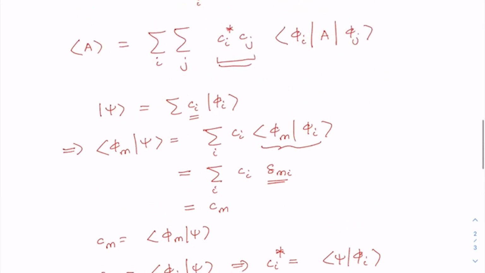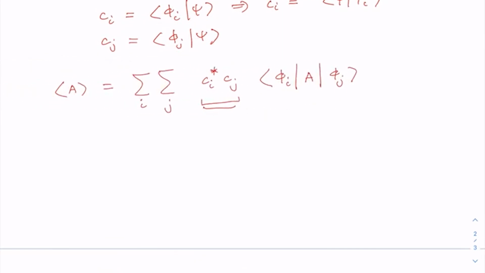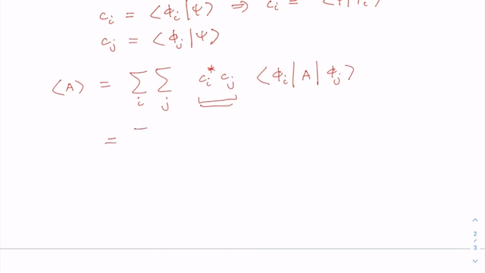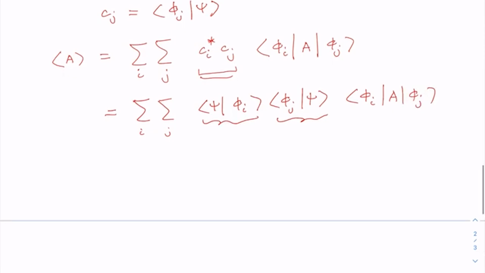Using this, I can put these coefficients in. So I can write the sum over i, j, where c_i star is <psi|phi_i>, and c_j is <phi_j|psi>. Remember, these are just numbers, and I have <phi_i|A|phi_j>. Because these are numbers, I can write them interchangeably, so I can take <phi_j|psi> and <psi|phi_i> to this side.